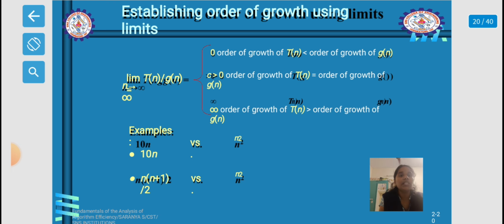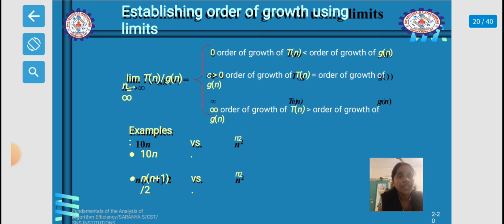Establishing the order of growth using limits: the limit as n tends to infinity of T of n divided by g of n. If the limit is 0, the order of growth of T of n is smaller than the order of growth of g of n. If it is a constant c, the order of growth of T of n is equal to the order of growth of g of n.